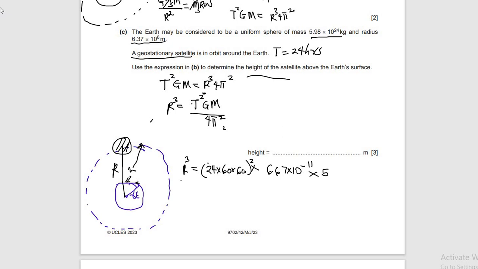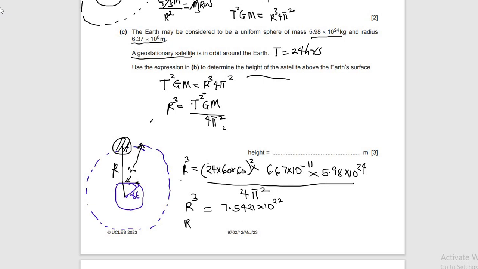The mass is 5.98 times 10 to the power 24, divided by 4 pi squared. At the end of the day, let's put it into a calculator. When you input this in the calculator, r cubed will be 7.5421 times 10 to the power 22.